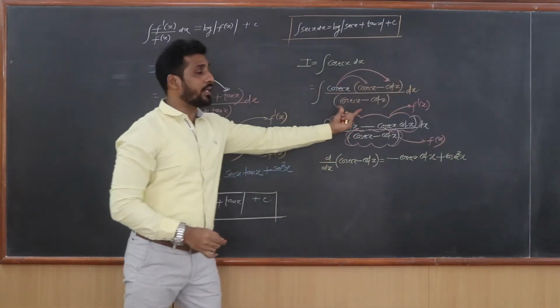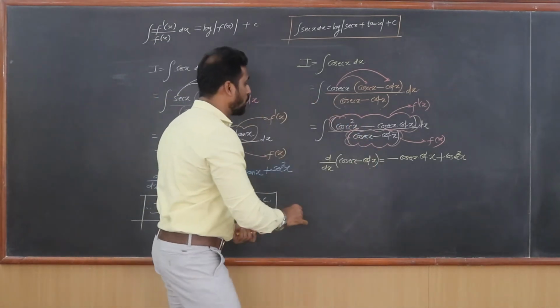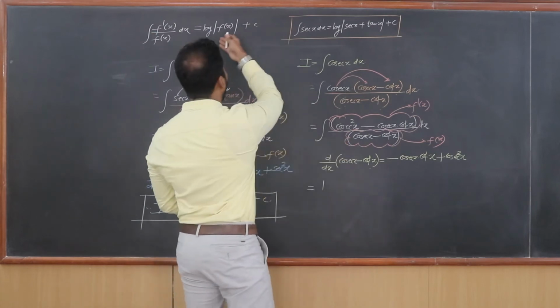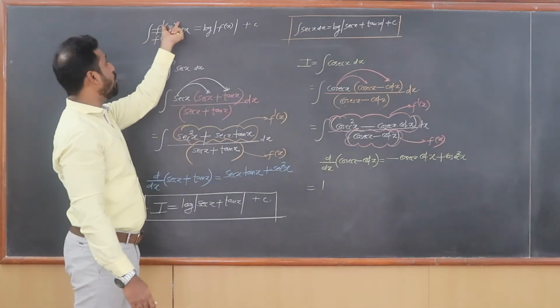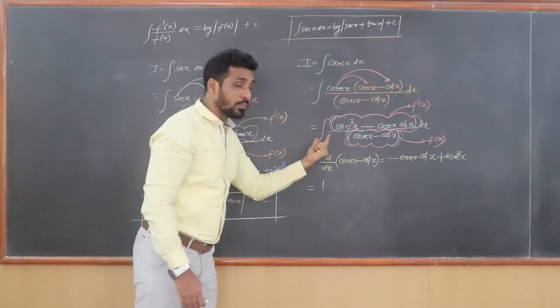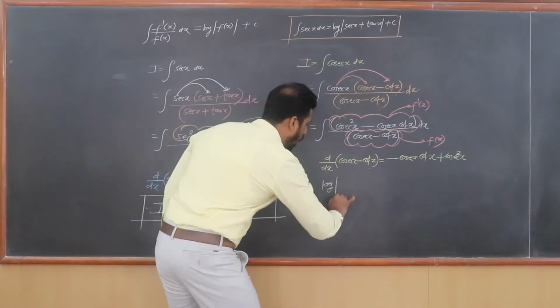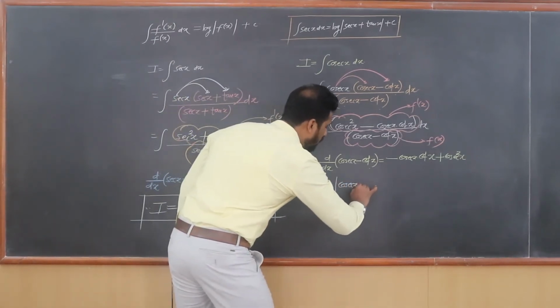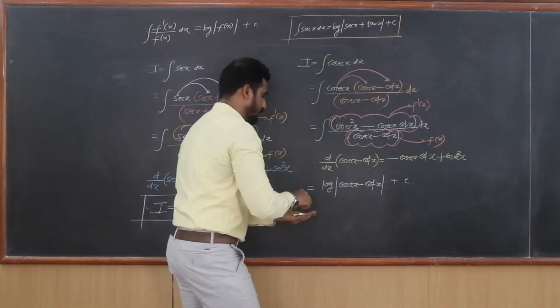We already know the corollary: integration of f1 of x upon f of x dx is log of f of x. So let's make use of the corollary. I'm going to get here log of cosec x minus cot x plus c.